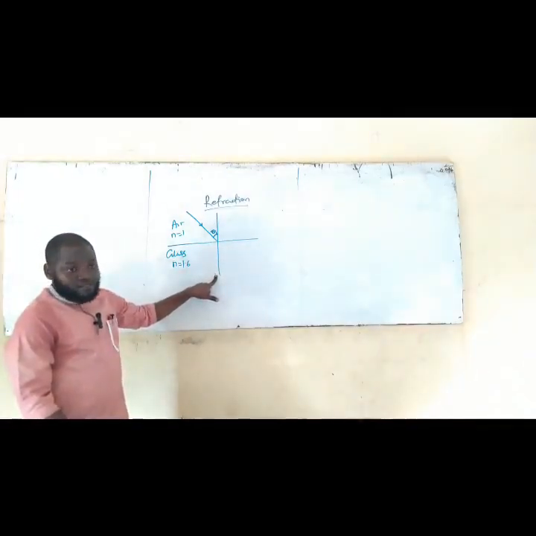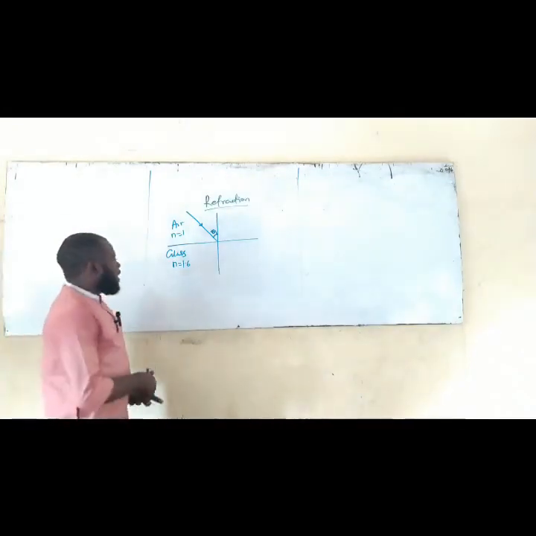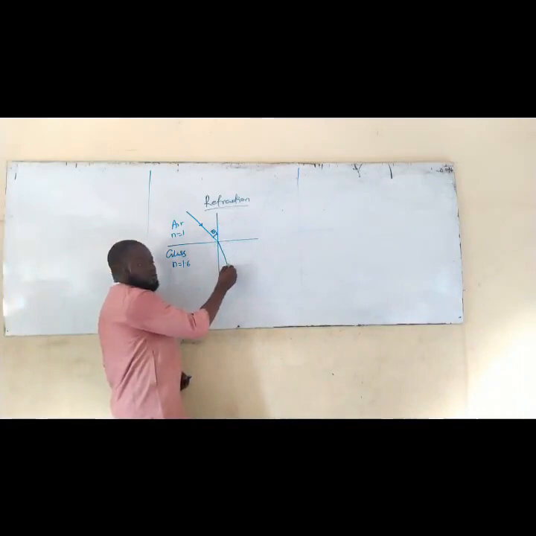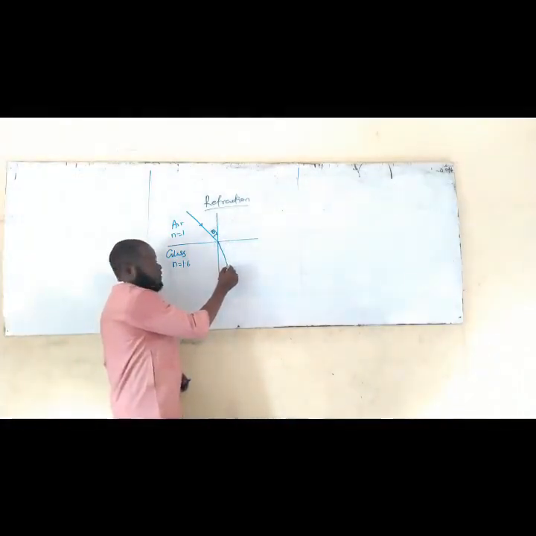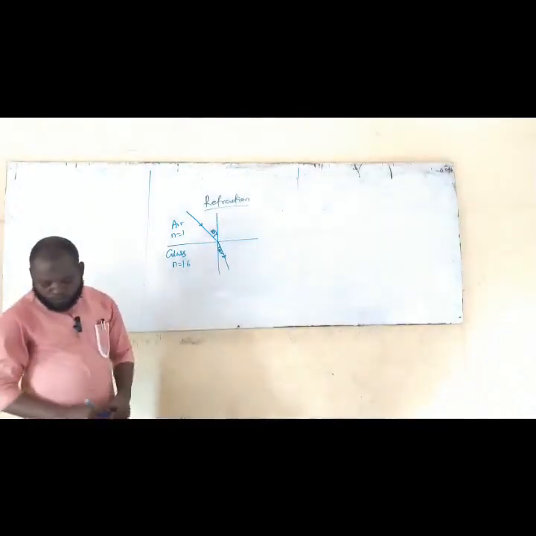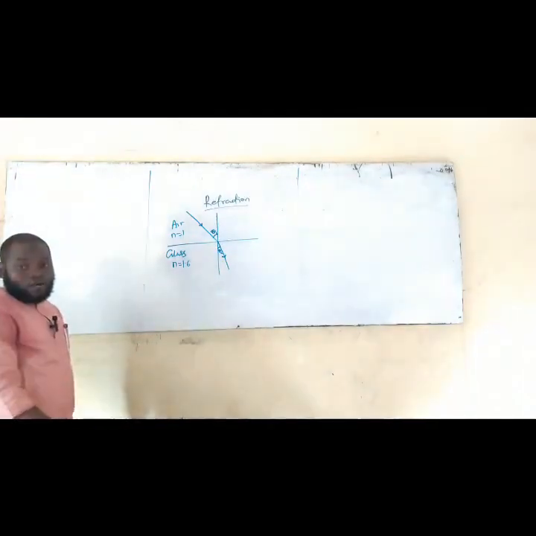Note, it's very important. It changes its direction towards the normal. That is, this light is going to travel close to the normal. Can you see now? So this is the refracted ray, and this is the angle of refraction, theta 2. Am I making sense now?